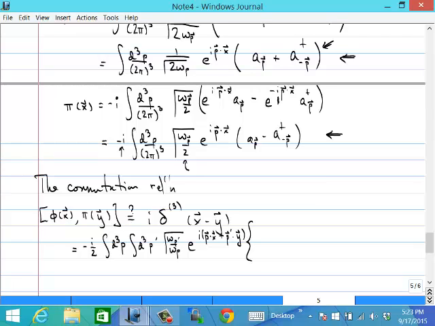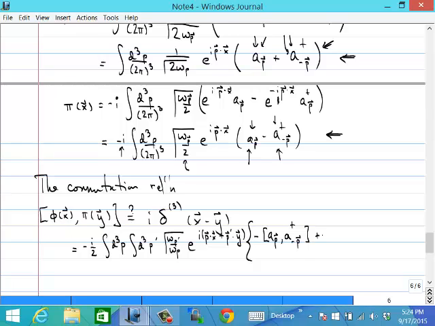So let's write that out. Well, first you have the commutator between this guy and this guy. That's 0. Any operator will commute with itself. You have minus times the commutator of this guy with this guy. So that's AP with A dagger minus P. Then you have the commutator of this guy with this guy. That's 0 again because A dagger commutes with itself. And then you have the commutator of this guy with this guy.